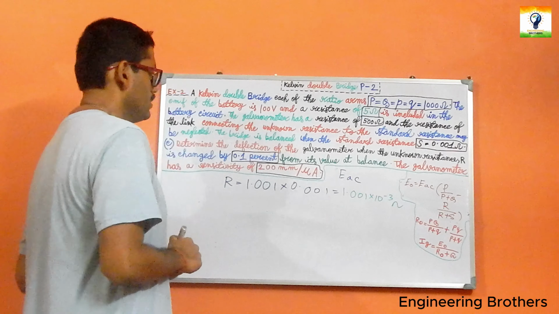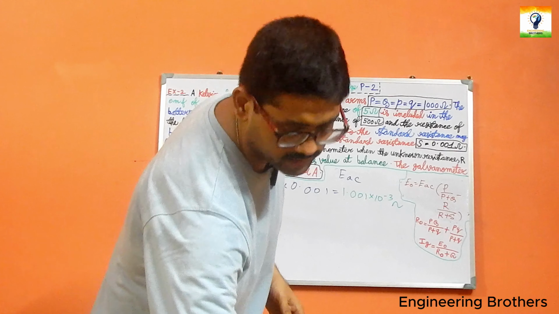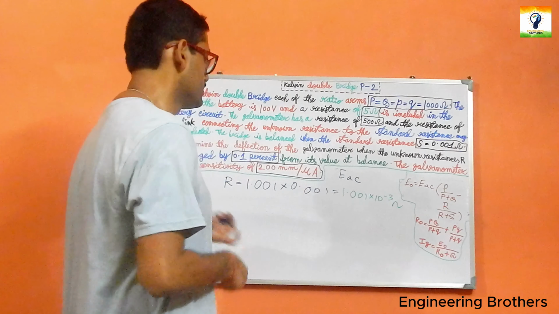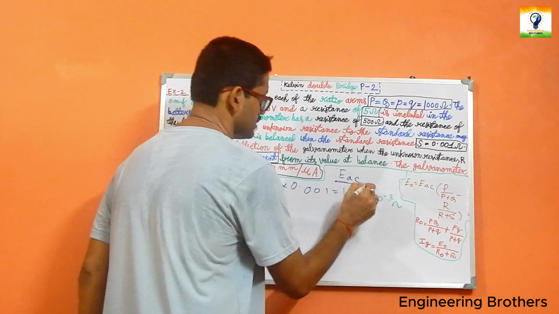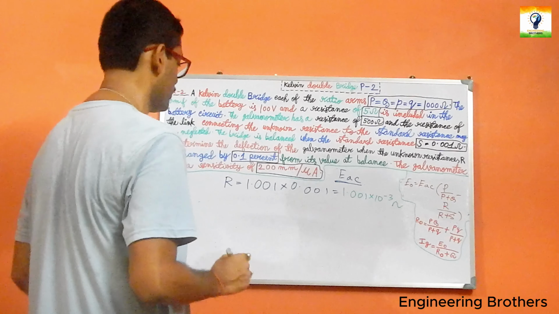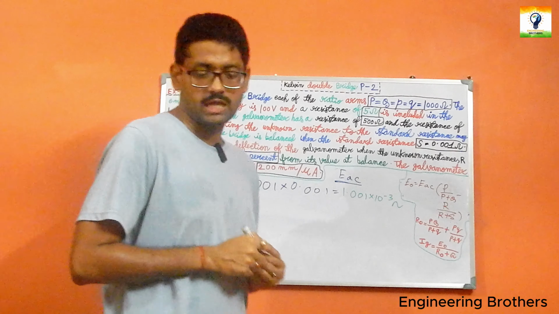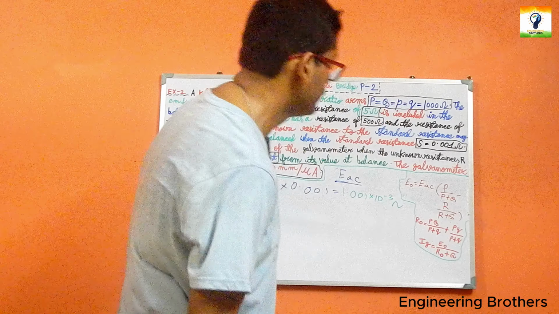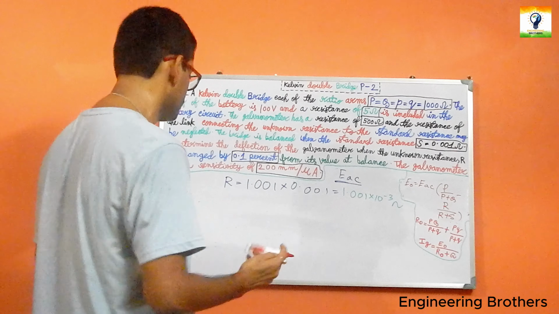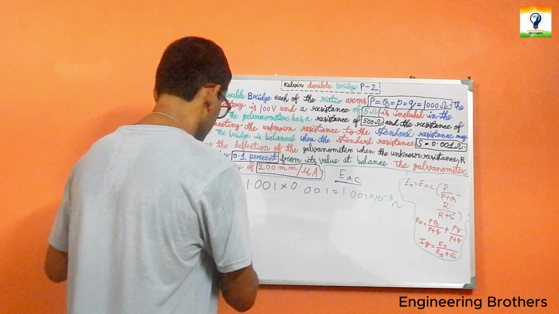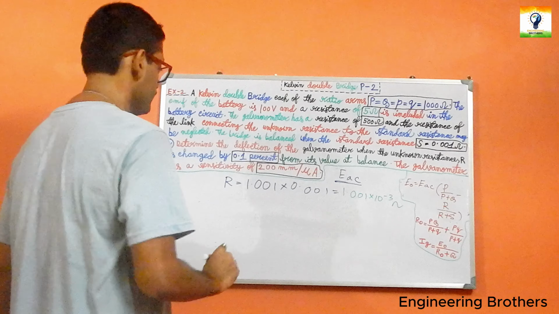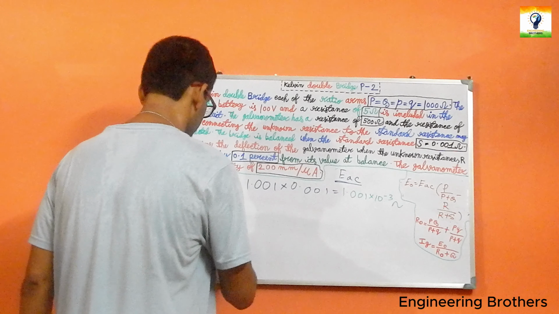Now get towards our consideration for our EAC, because this is our main consideration for this part of our video. And how do you get to that? To get to that, we need to draw the Kelvin double bridge once again, because that does require the circuit diagram.